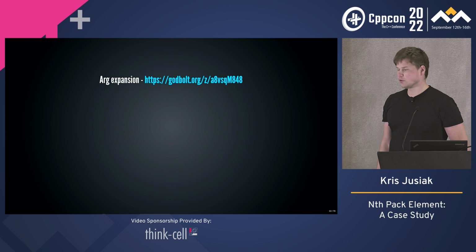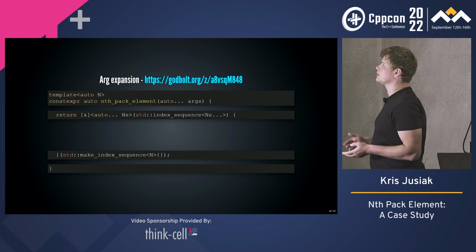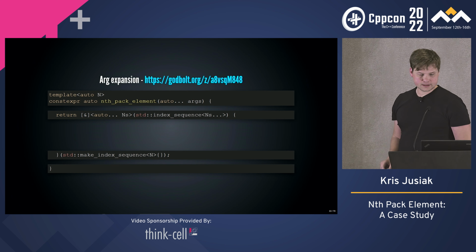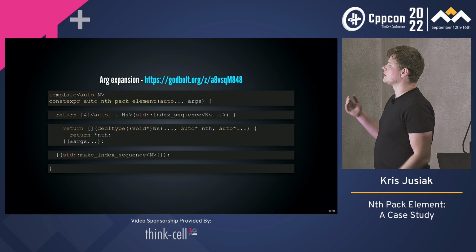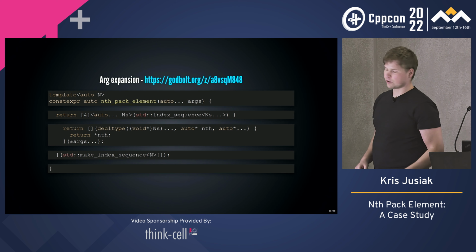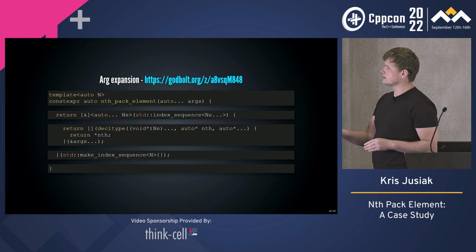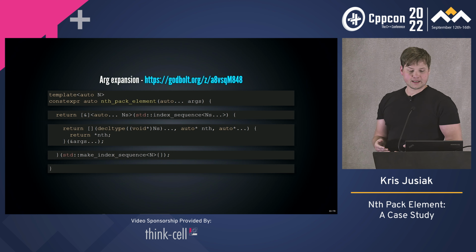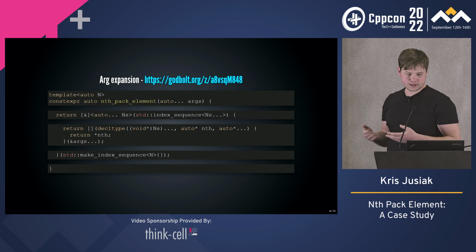Okay. So the next solutions will still be based on the arguments. We'll apply this in the immediately invoked lambda expression. So we have index sequence just in order to get the Ns. And then we do one of the solutions where we have the arguments being expanded. So the decltype of void star here is to get the n-1 elements before the one which we actually care about, and we need the pointers because void is not a regular type, so we need the void pointer.